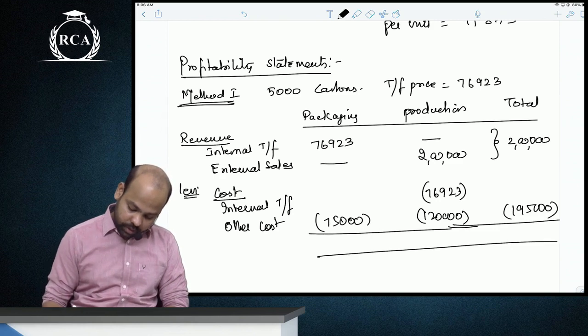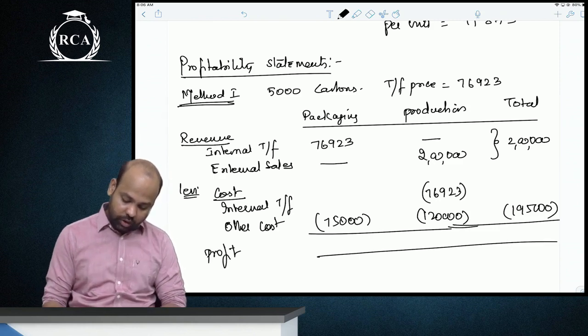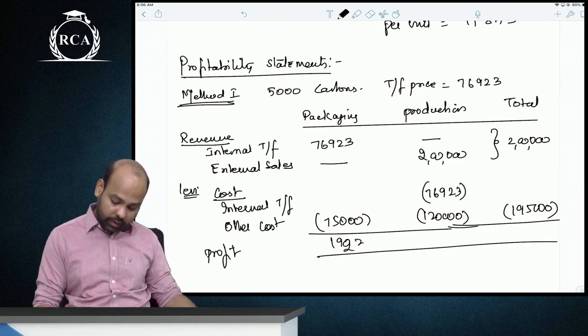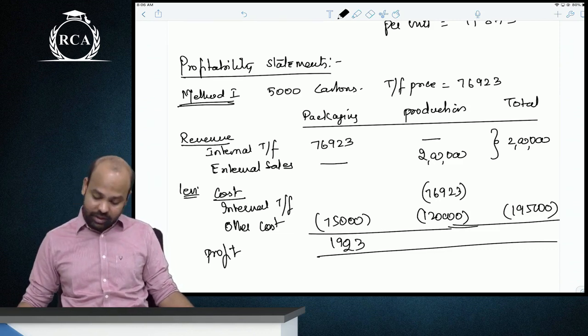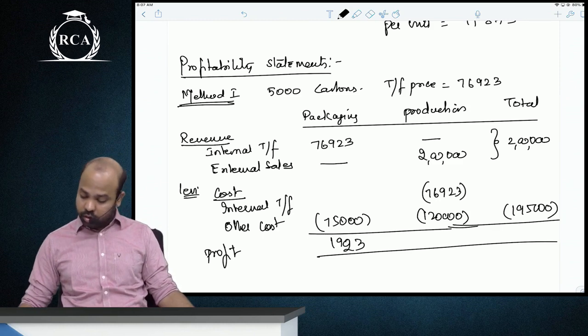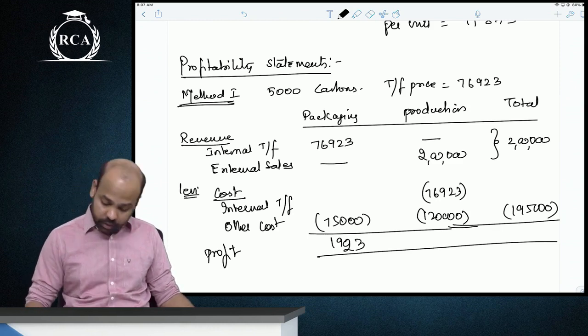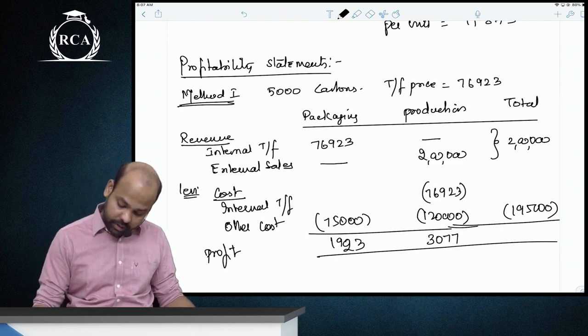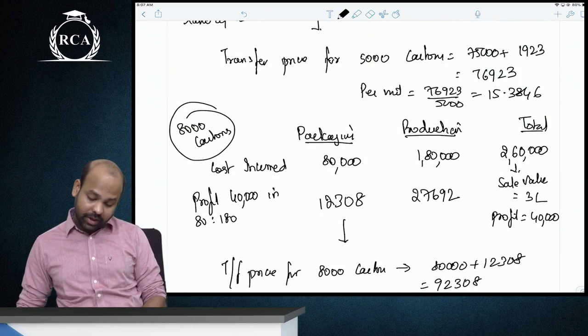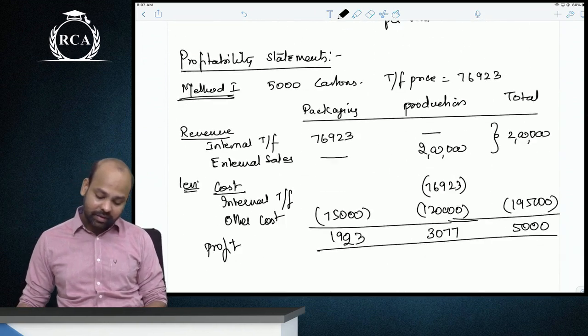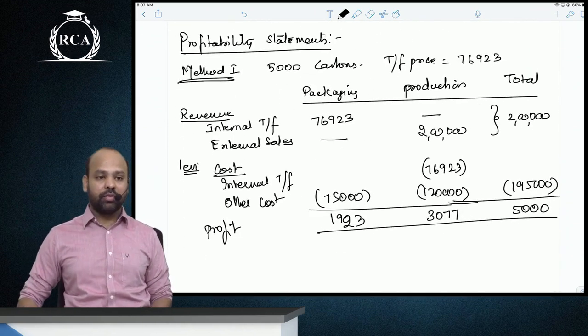So the revenue of one is the cost of the other. Always remember that. This is 1,923. You will have to present like this, guys, under all the cases. 3,077 and 5,000 rupees. 1923 and 3,077. Okay. This is the first profitability statement, guys.